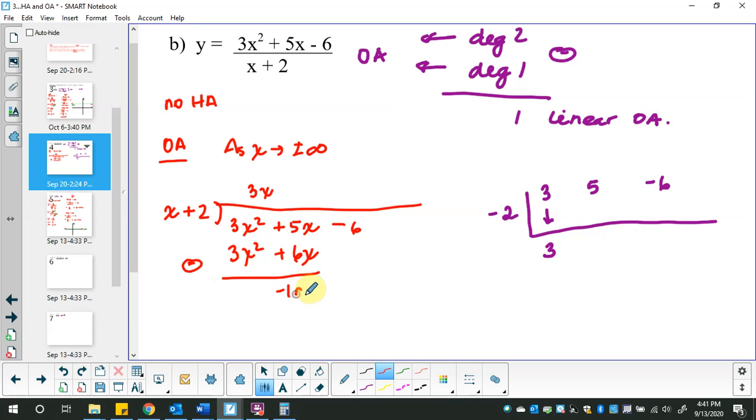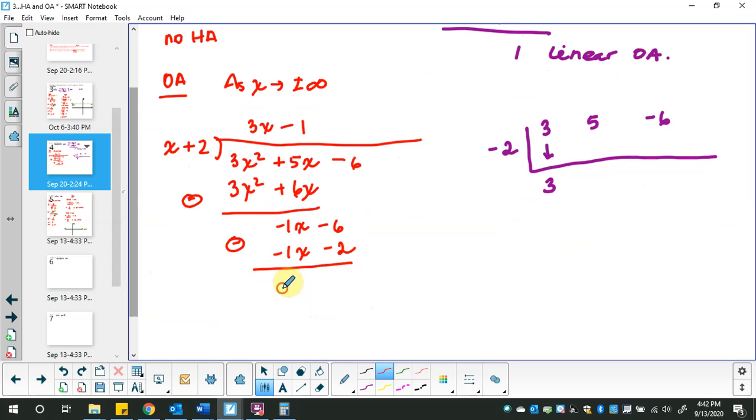Negative 1x subtract 6 leaves you with negative 1 subtract negative 4, so negative 4 is the remainder. Let's see what happens over here. Negative 2 times 3 is negative 6. Add. Negative 2 times negative 1 is positive 2. Add. Out of numbers, that's your remainder.